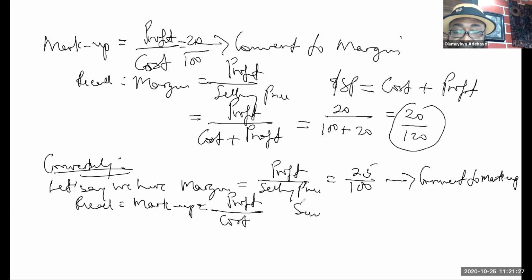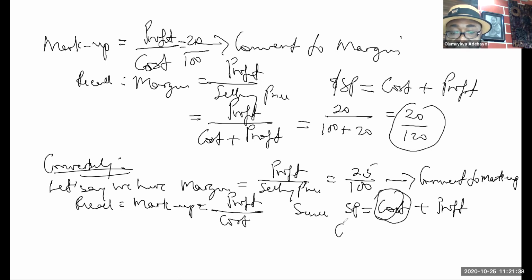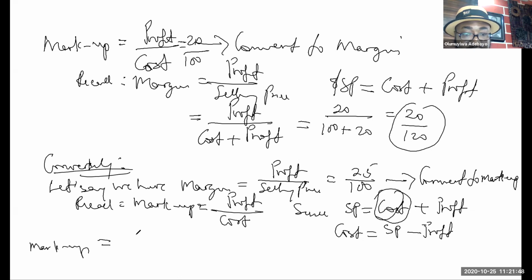Now, since selling price is equal to cost plus profit, if I want to make cost my subject of the formula, I can say cost is the same thing as what? Selling price minus what? Profit. Therefore, in that case, I can now say my markup is my margin, which is profit over selling price minus profit.